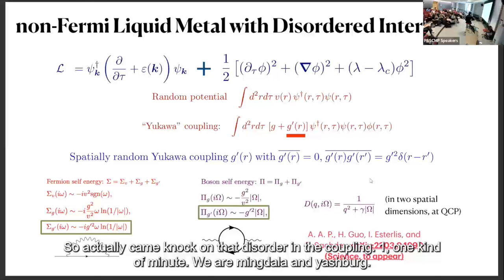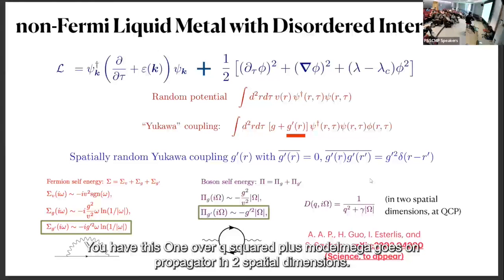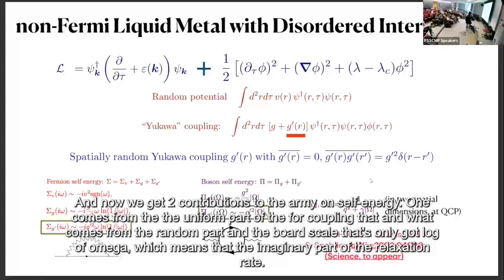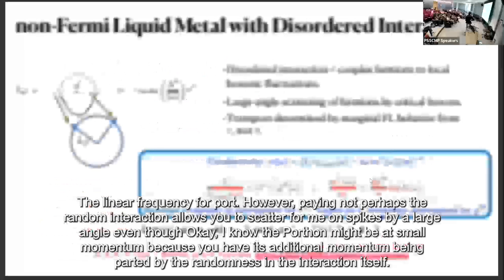If we take into account that disorder in the coupling, then one can again do your Migdal-Eliashberg, and you have this 1 over q squared plus mod omega boson propagator in 2 spatial dimensions. And now we get 2 contributions to the fermion self-energy. One comes from the uniform part of the coupling, the other one comes from the random part. And they both scale as omega log omega, which means that the imaginary part, the relaxation rate, is linear in frequency for both.